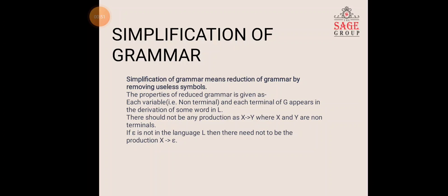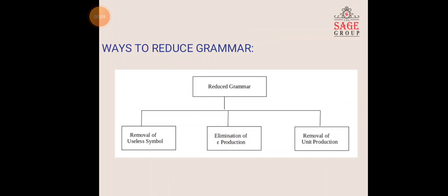So there should not be any production such as X tends to Y, where X and Y are non-terminals. So basically we need to check whether our grammar is simplified or not, and if it is not, then we need to do it by removing useless symbols, by eliminating all the epsilon productions, and by removing the unit productions. Reducing the grammar can be done in three steps, as shown in the figure.